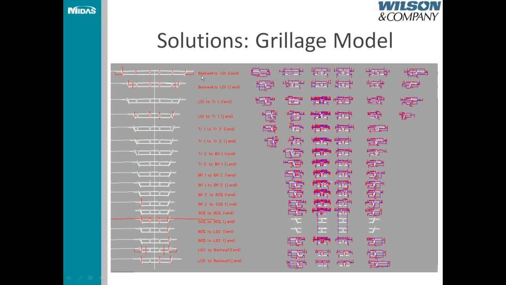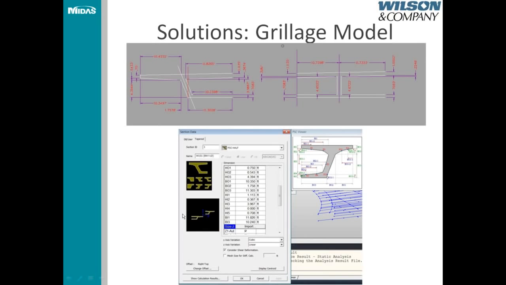I labeled these back wall to lifting diaphragm 1, I end and J end. So this is basically at the back wall, or above the supports, and this is at the lifting diaphragm, on this side of the lifting diaphragm before the bottom slab thickness begins to vary, and similarly for the remaining sections.